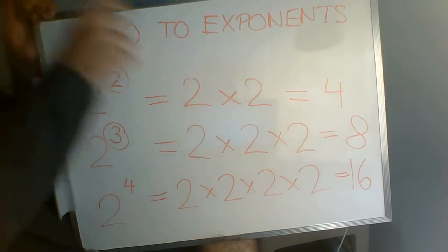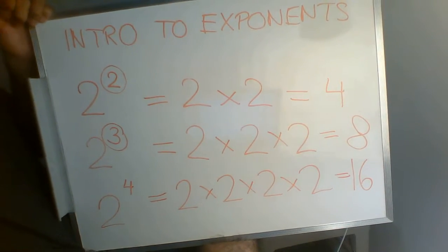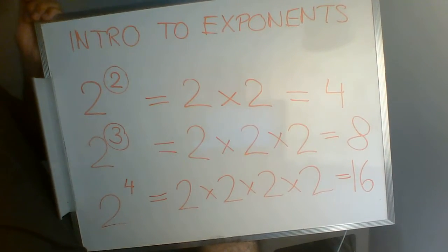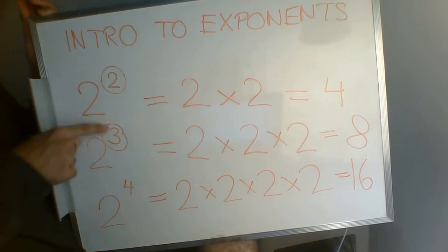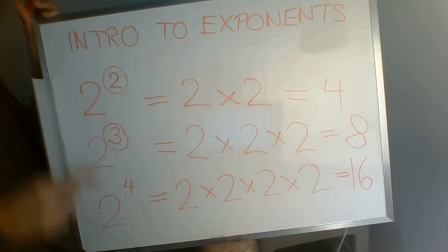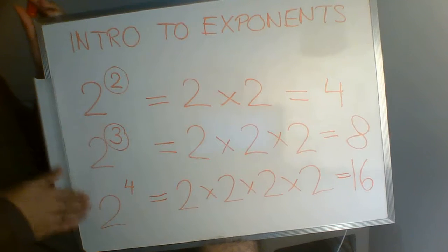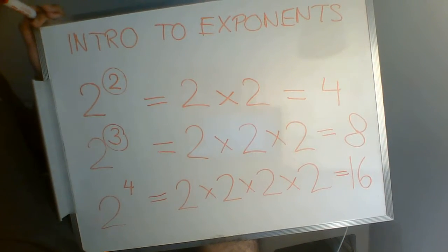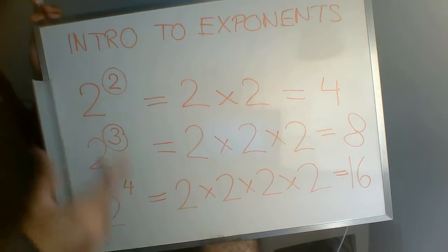So you can see that these values are doubling. These are all powers of 2, so every time you increase the exponent by 1, as long as your base is 2, those values are going to double. If your base was something different, like 3 or 4 or 5, then your value would triple or quadruple or something like that, right?